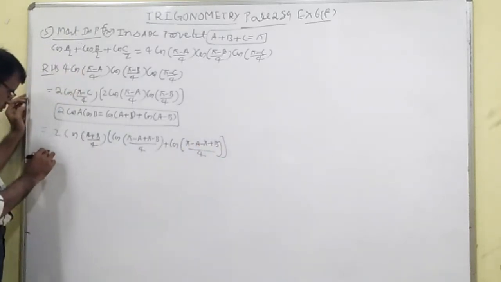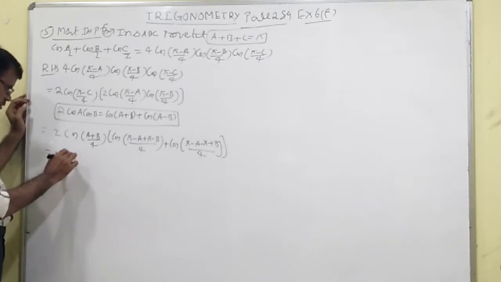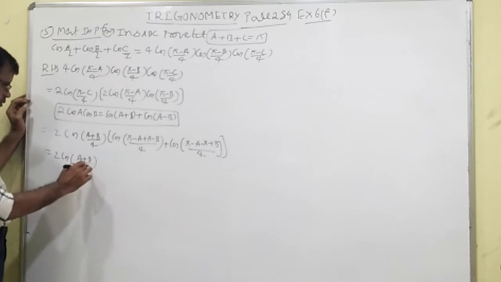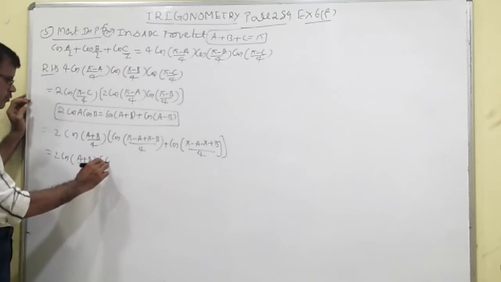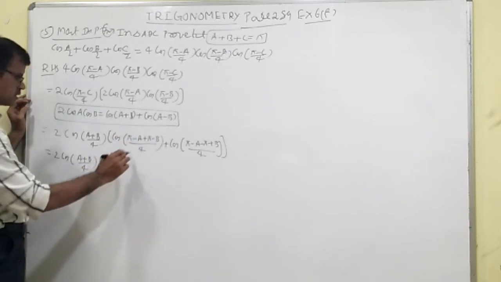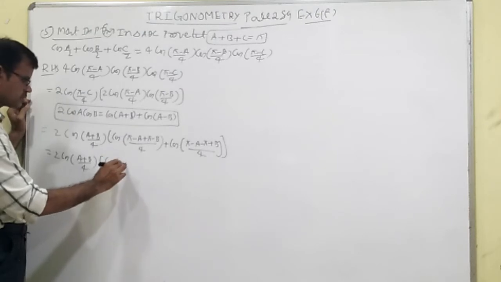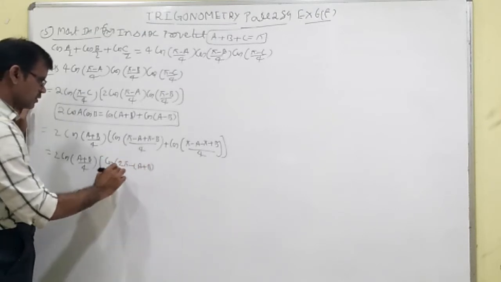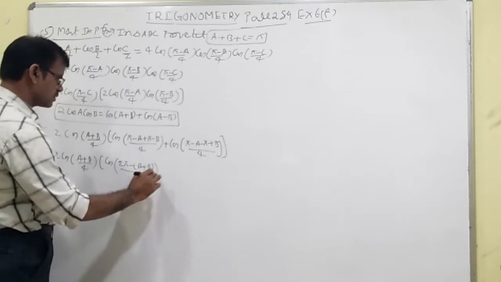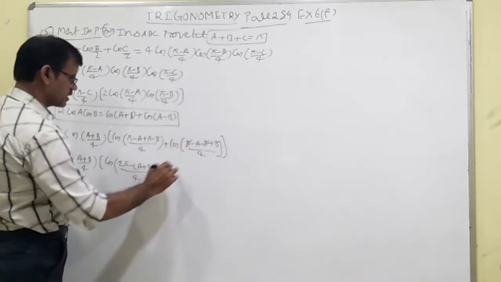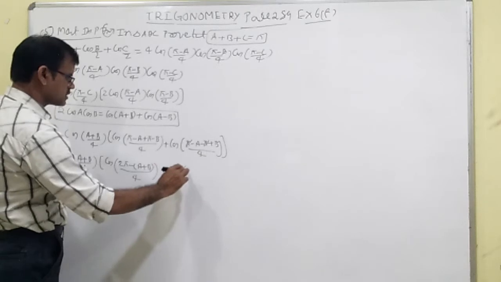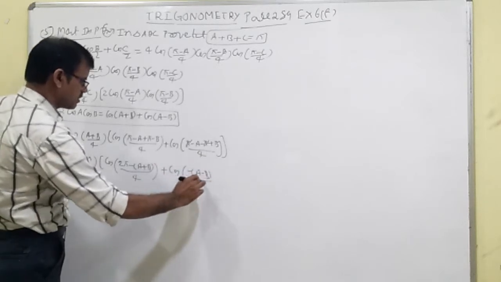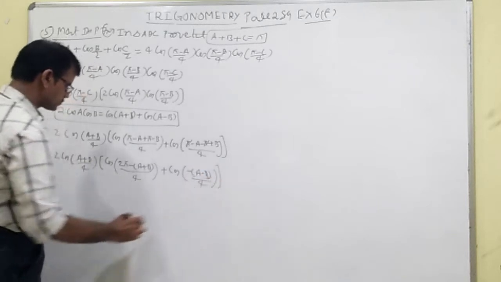That is equal to 2 cos of A plus B by 4 into, this is pi plus pi becomes 2 pi, 2 pi minus of A plus B by 4, plus, pi and pi get cancelled, cos of, take minus common within the brackets, you will get A minus B by 4.